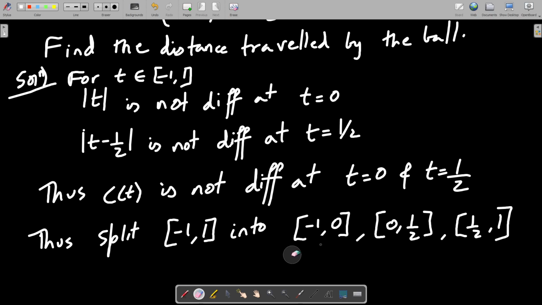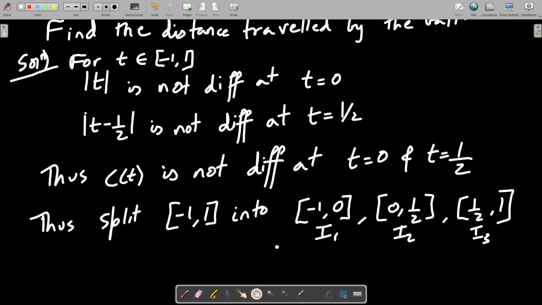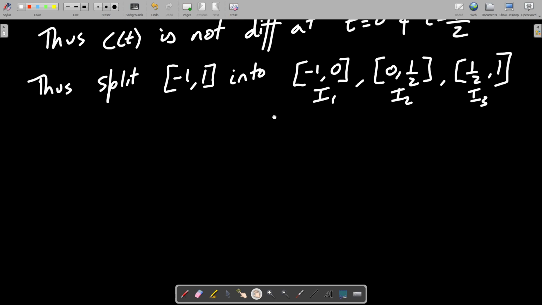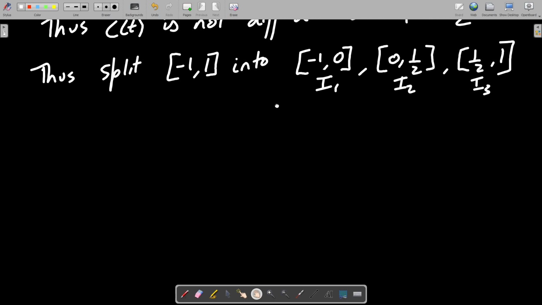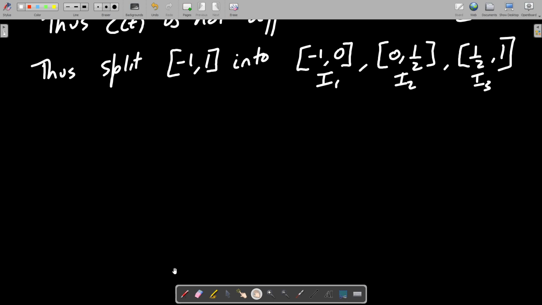So we can call them I1, I2, I3. So on I1, what will this be?